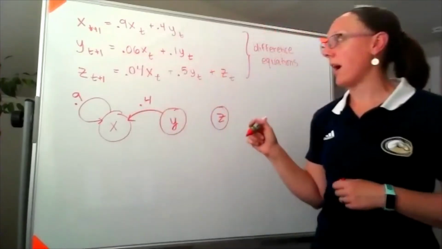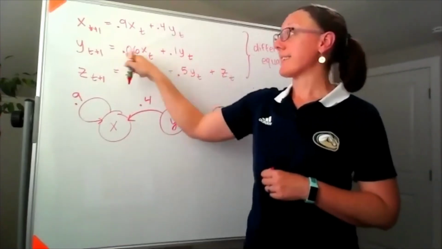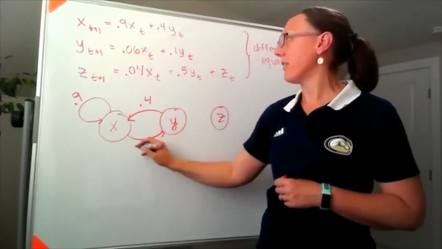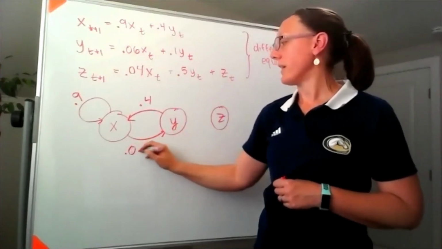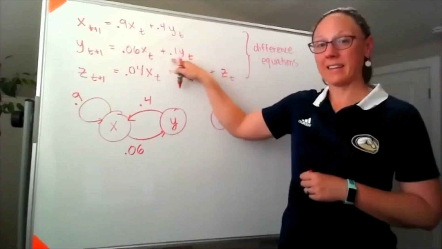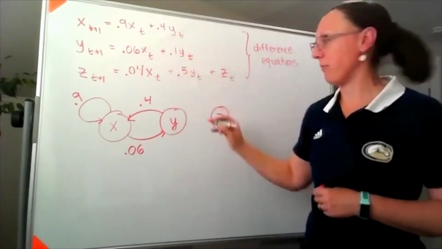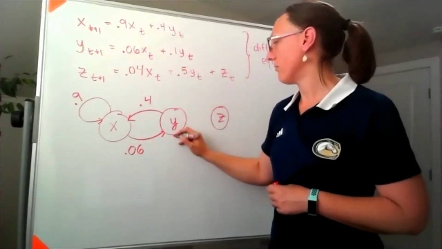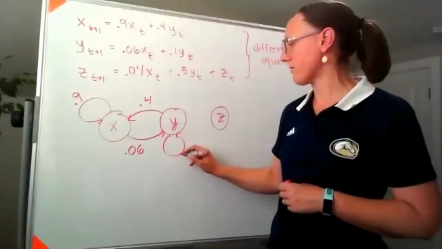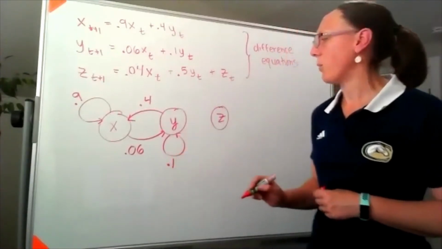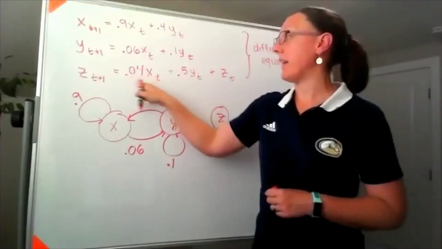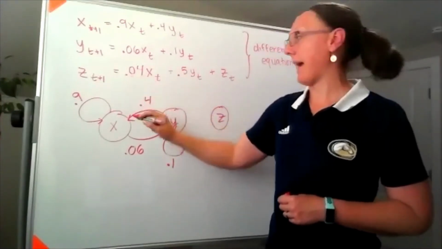If I look at my y's, some of my x is returning back to y at a rate of 0.06. And I've also got y cycling back on itself at a rate of 0.1. So it doesn't really matter where you draw it. Here I'm going to draw this one at the bottom just for space. So that's going to be a 0.1. And then if I look at my z's, I'm getting part of my z from x.